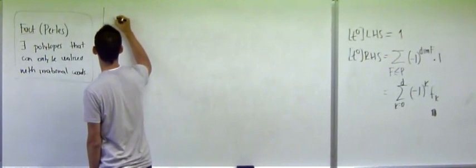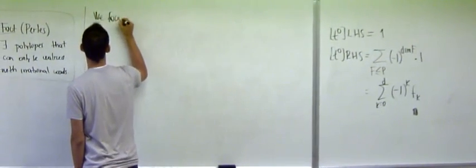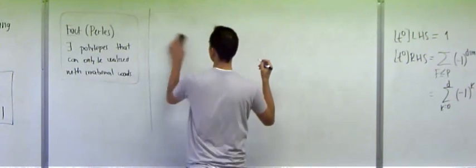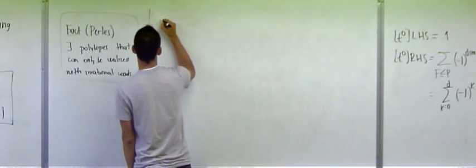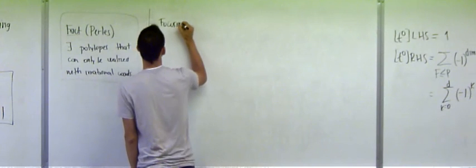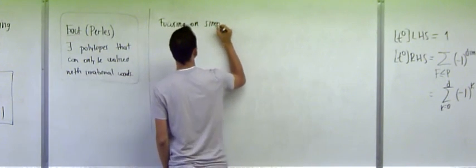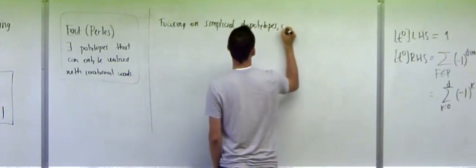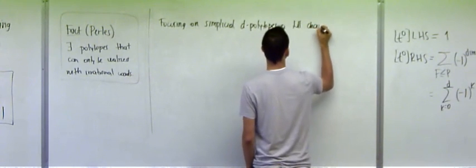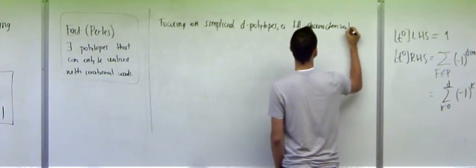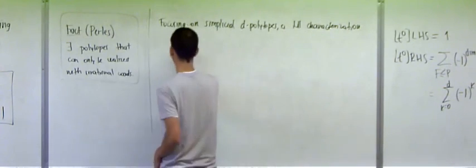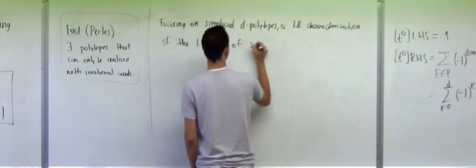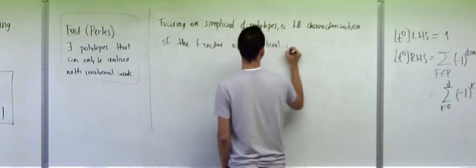So we focus, I'm not going to say we because we're not going to say too much about this, but focusing on simplicial d-polytopes, a full characterization of the F vectors of simplicial polytopes exists.